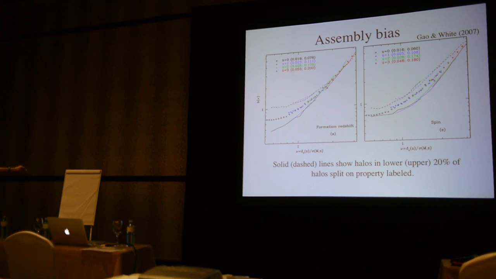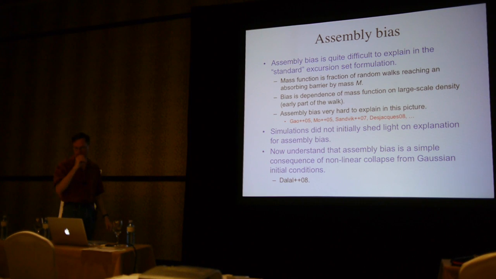The solid lines show the lowest 20%, and the dashed lines show the upper 20%. And so you can see here that things that formed at high redshift and low mass tend to be more highly biased than things that formed more recently, at low redshift, of low mass. And this became known as assembly bias.